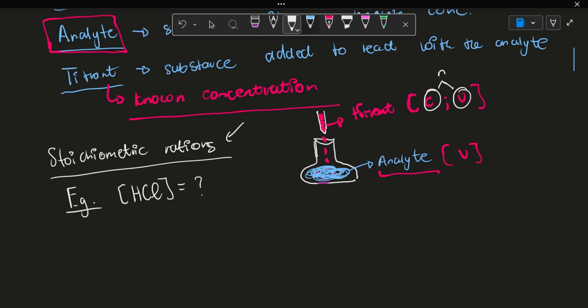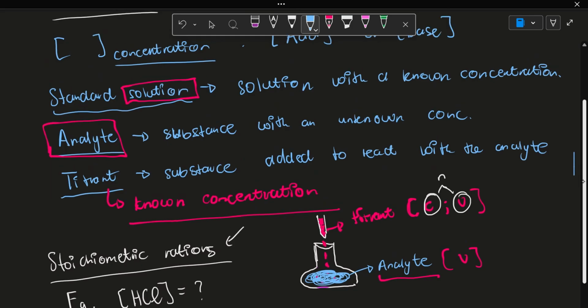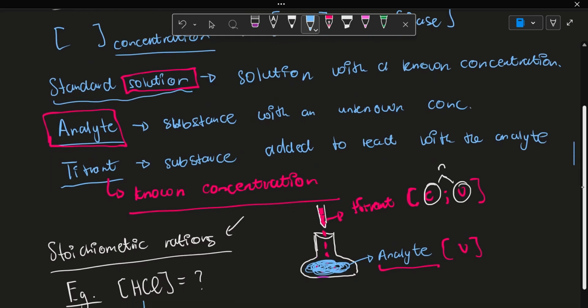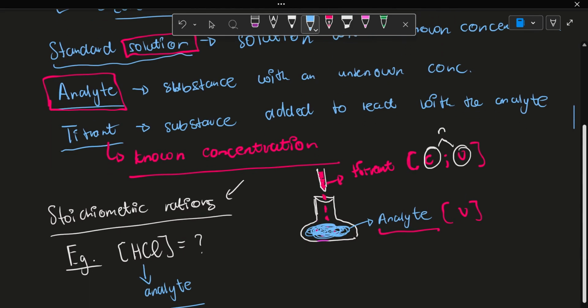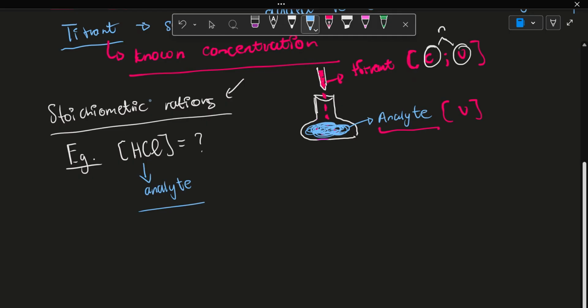You then identify the hydrochloric acid as your analyte. Why? Because you do not have the concentration of hydrochloric acid. Remember, when we say an analyte, we say it's a substance with an unknown concentration. In this case, hydrochloric acid is our analyte, and obviously, the sodium hydroxide would be our titrant.